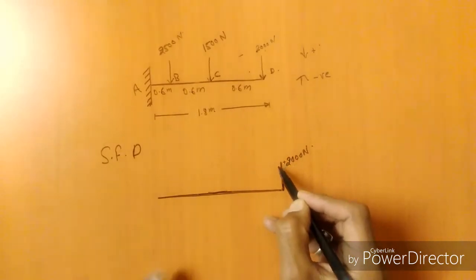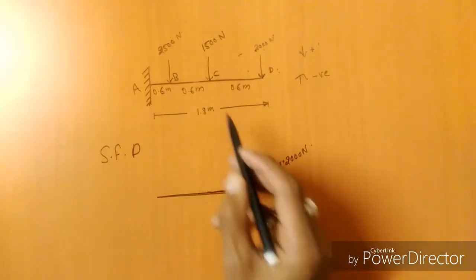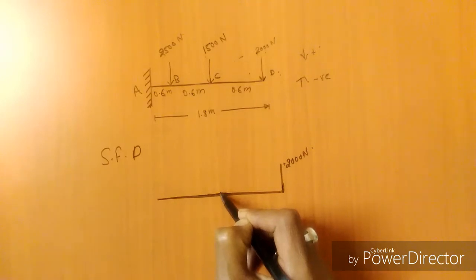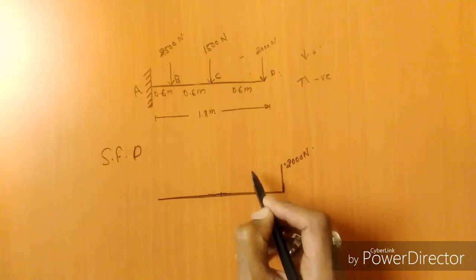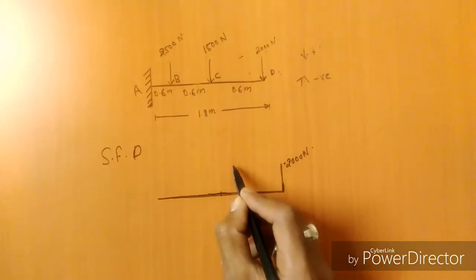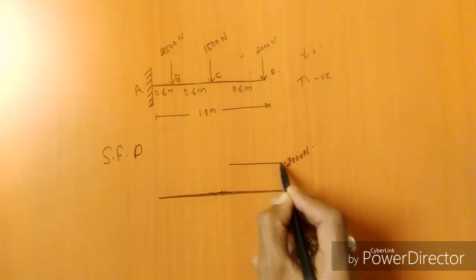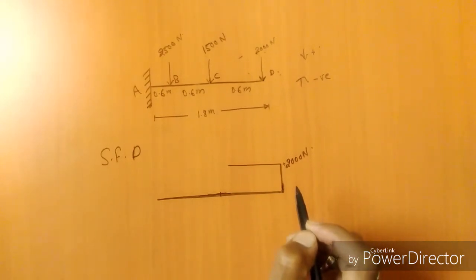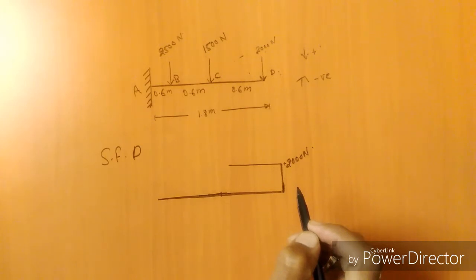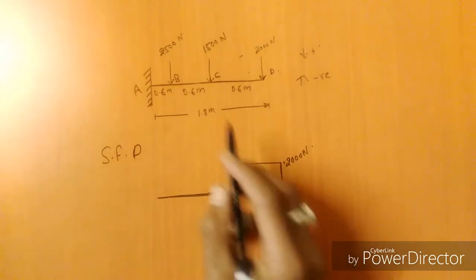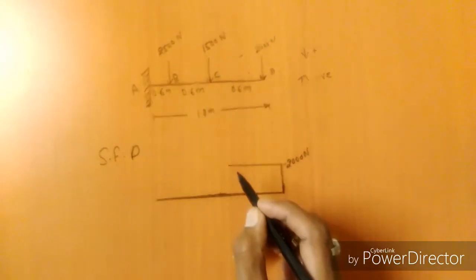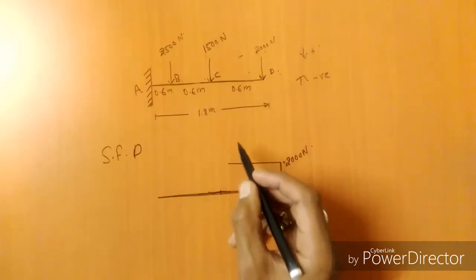Next step, shear force just on the right hand side of C is 2000 Newton, similarly 2000 Newton. After that, shear force just on the left hand side of point C is 3500 Newton.